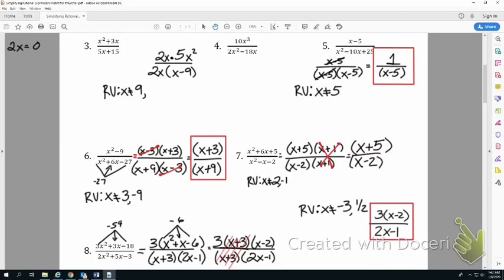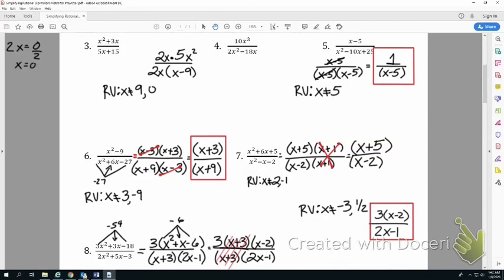If I set it equal to 0, no matter what that 2 is, whether it's 2 or 8 or 10 or negative 1/3, whatever, I'm going to end up dividing 0 by that, which is always going to give me 0.